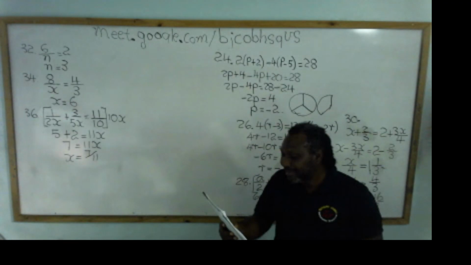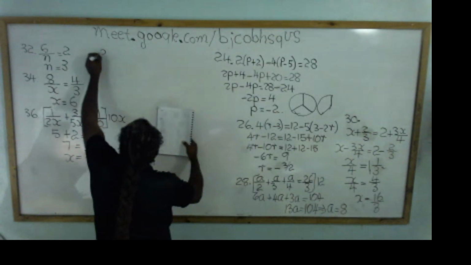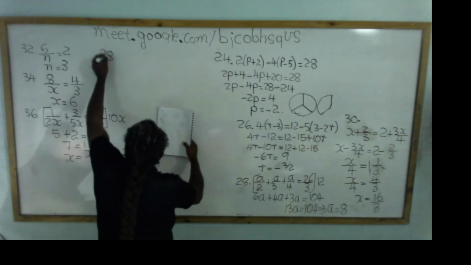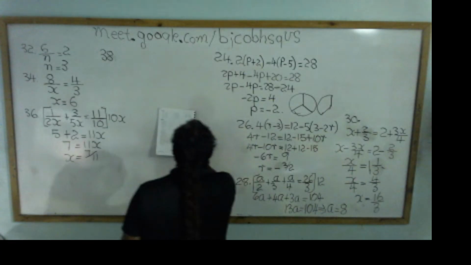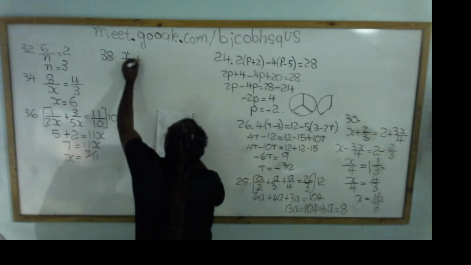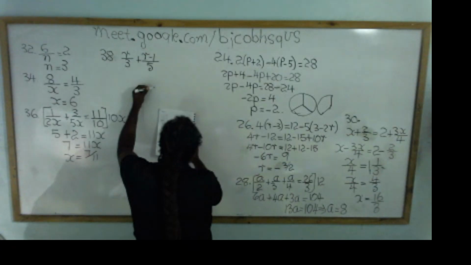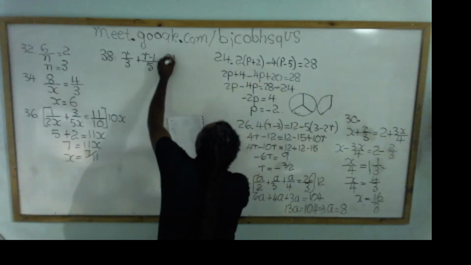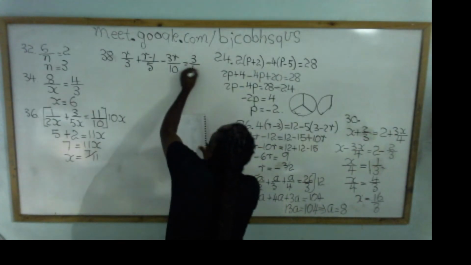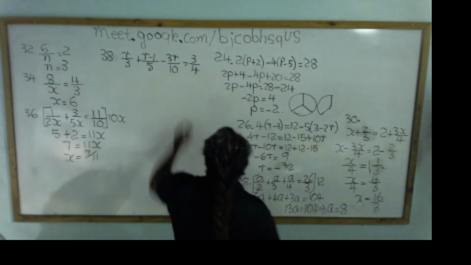Number 38. So let us put it right here. I'm not afraid to put it right there. Behaving as if it is going to be very wide on the board. R over 3 plus R minus 1 over 5 minus 3R over 10 is equal to 3/4. So what do we multiply by?